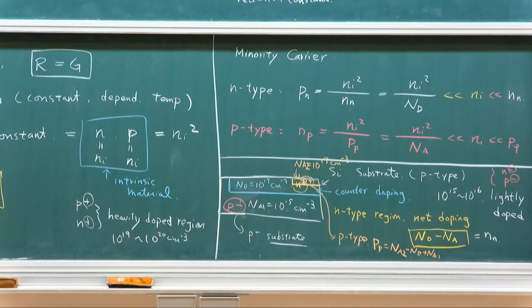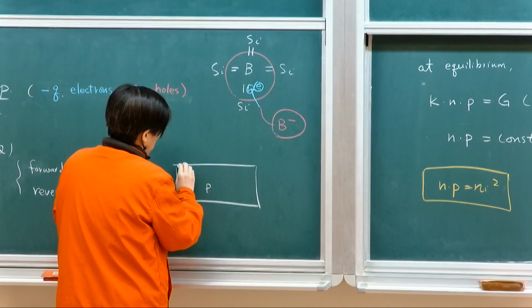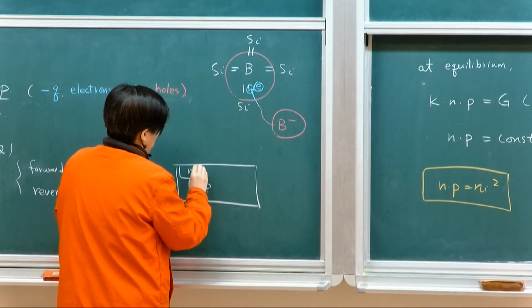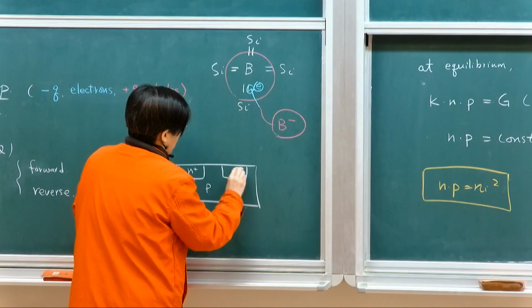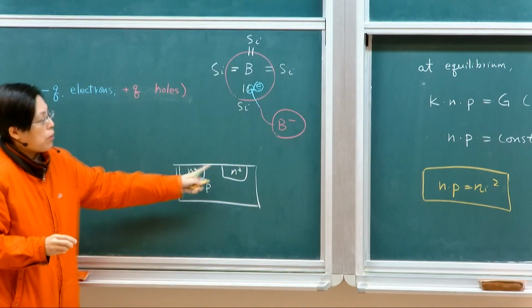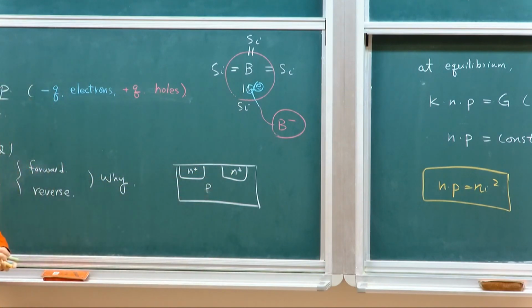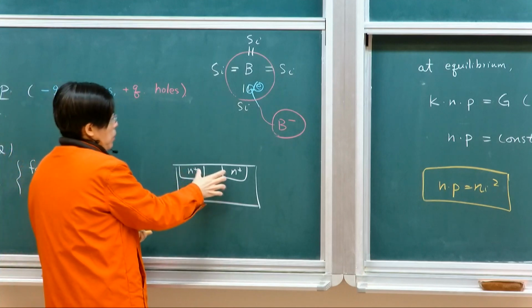So then you'll be able to read something like this. For a MOS transistor, it will be something like this: a p region, n plus, n plus. You will know that you start with the p and then you have two contacts with n region. N plus meaning that's heavily doped.